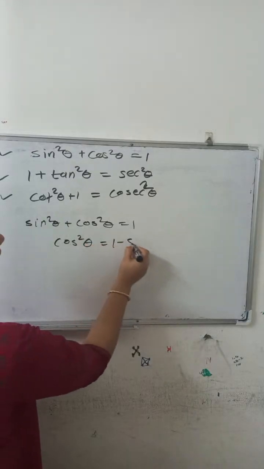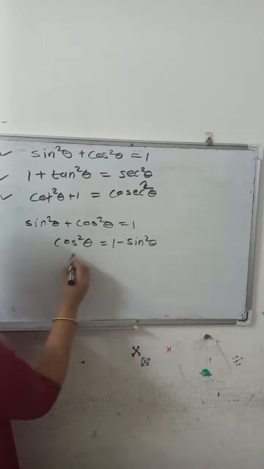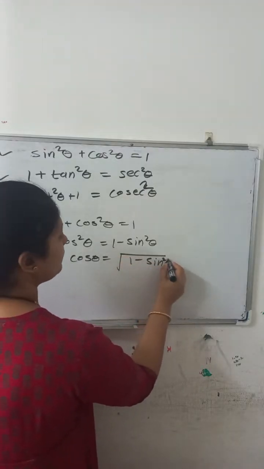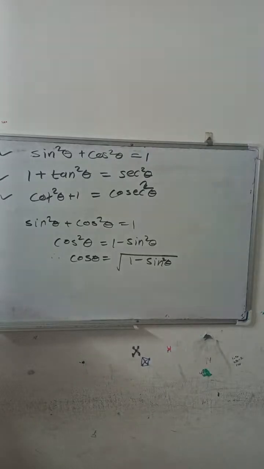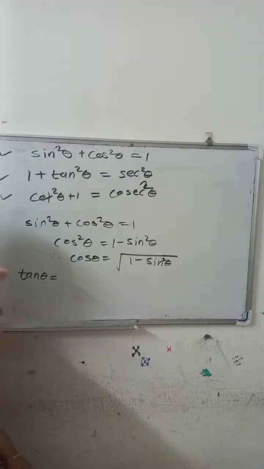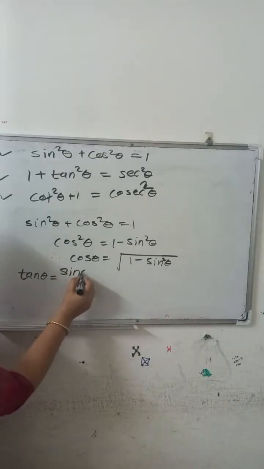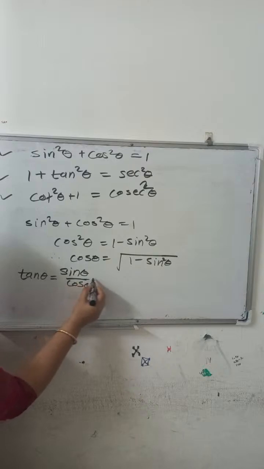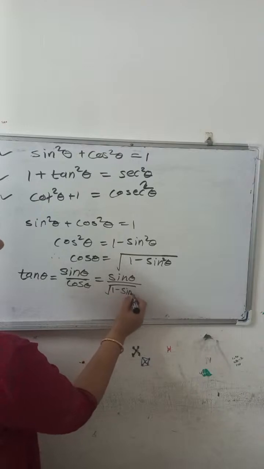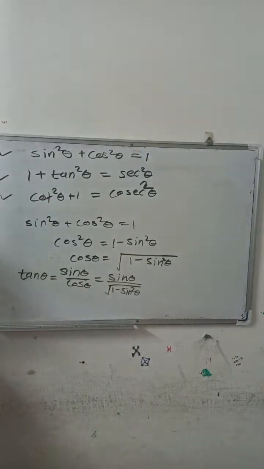Cos square theta is equal to 1 minus sin square theta, and if you take the square root on both sides, then cos theta is equal to square root of 1 minus sin square theta. Are you getting this? Suppose they ask to express tan theta in terms of sin theta. Then you can write sin theta by cos theta, and I already have the cos theta value as the square root of 1 minus sin square theta. Getting this? So it's very easy.